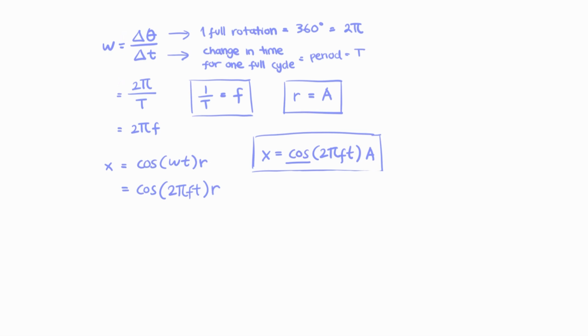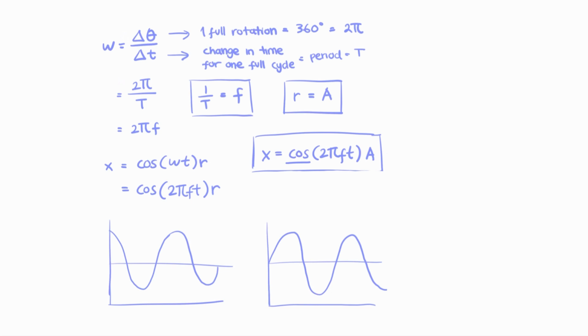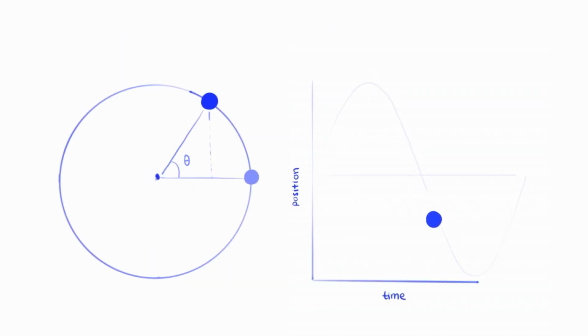But wait a second. If we're using cosine, shouldn't the graph look like this? This is what a cosine graph looks like, right? Then why did our graph look like this? Isn't this a sine function? And you are correct. Because in the example that was given before, since we are looking at it in the y-axis, the object is actually starting in the equilibrium position.